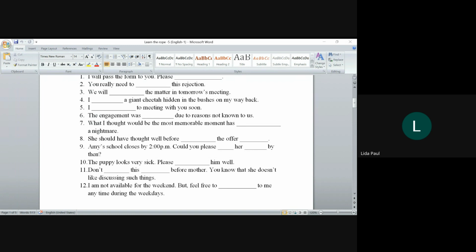Maybe you can leave your question in the chat. Meanwhile, anyone else who has a question to raise or anything that is doubtful to you at this point?